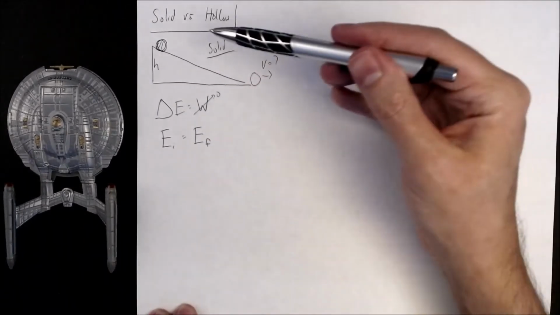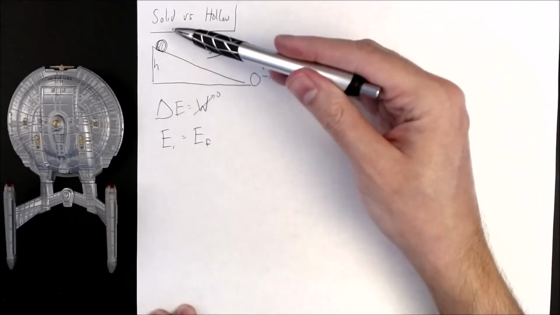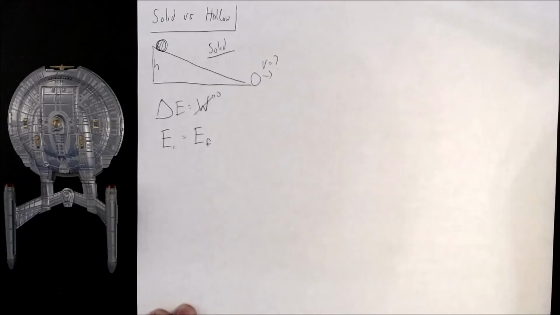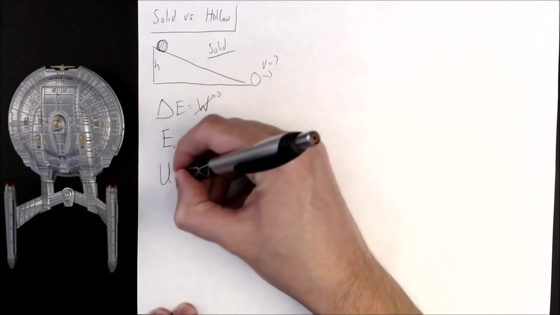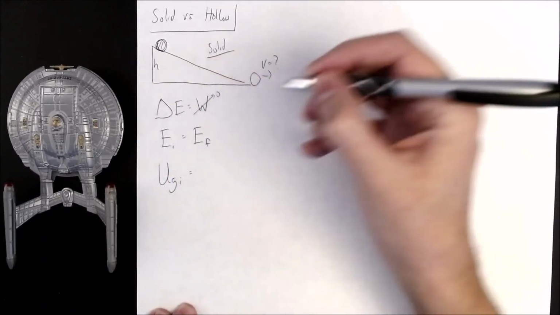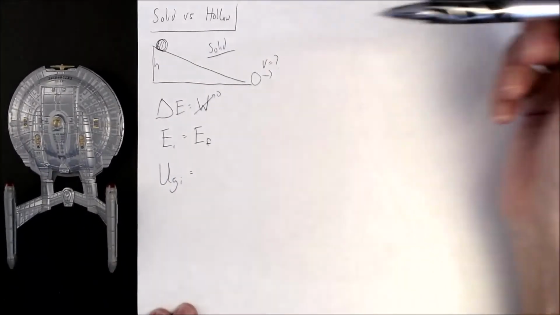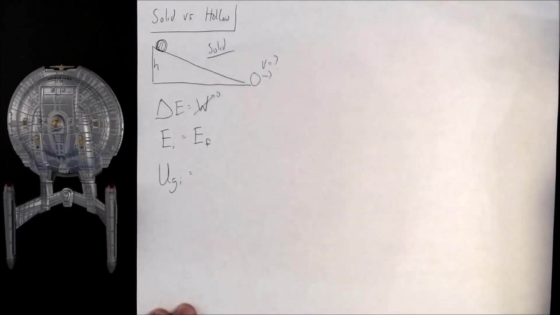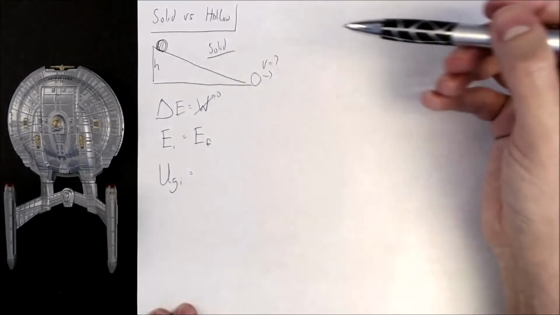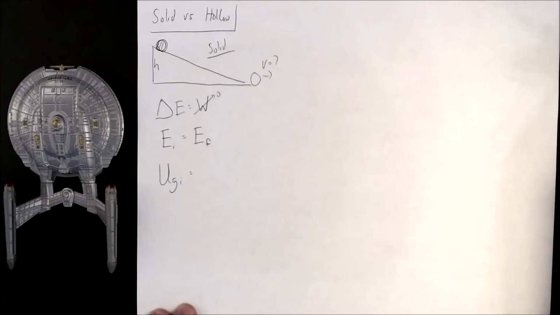What kind of energy does it have at the beginning of the problem? I'll let you think about that for a second. Okay, it should have gravitational potential energy initially. There's no springs, there's no spring potential. It's not moving yet, and so there's no kinetic energy, and it's not rotating yet, so there's no rotational energy. What about at the end of the problem? What kinds of energy does it have at the end of the problem?